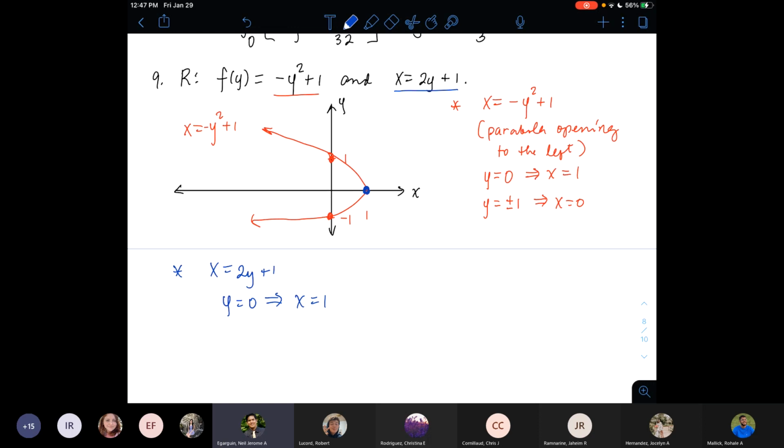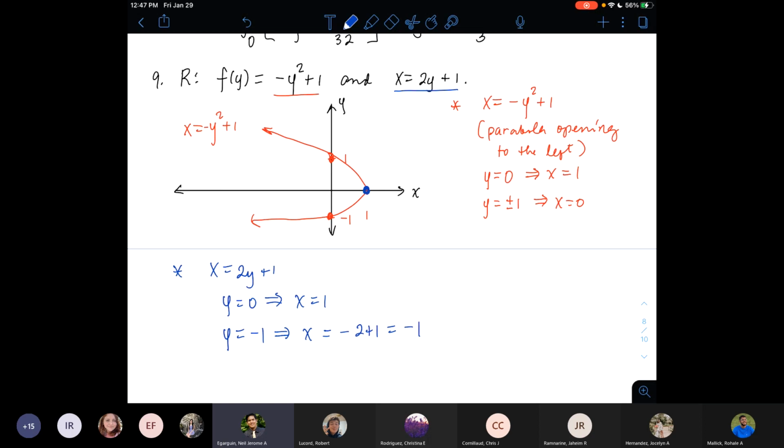Then another is if I let y be equal to any number that you like. If y is -1, then what do we have as x? x would be -2 plus 1, that will be equal to -1.